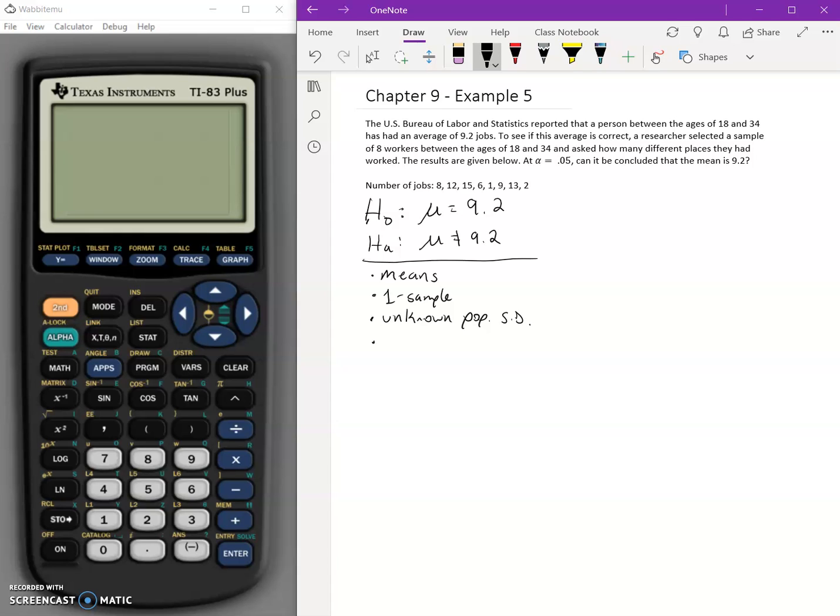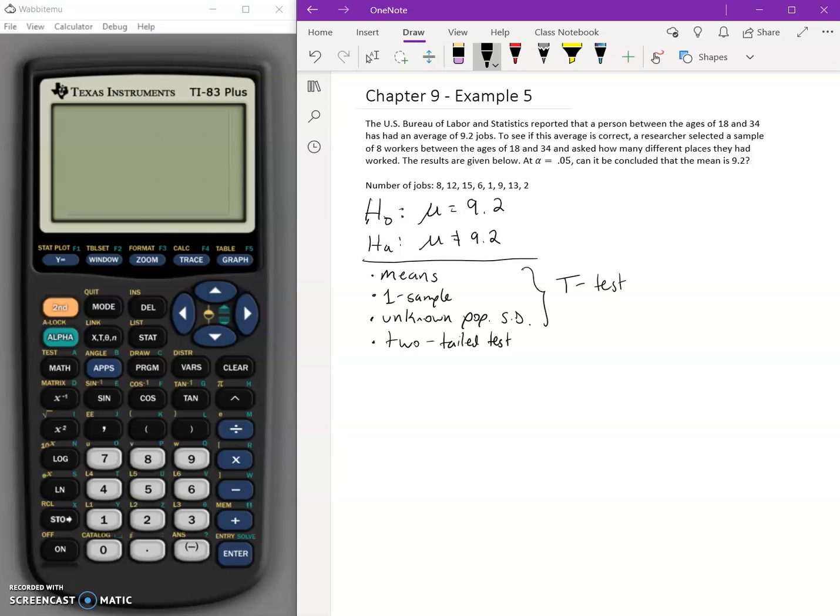And the last thing we can indicate is that this is a two-tailed test. Knowing these 3 things, we know we should be using a t-test. Remember, a t-test is for means with unknown population standard deviation and 1 sample, as opposed to a z-test, in which we know the population standard deviation.